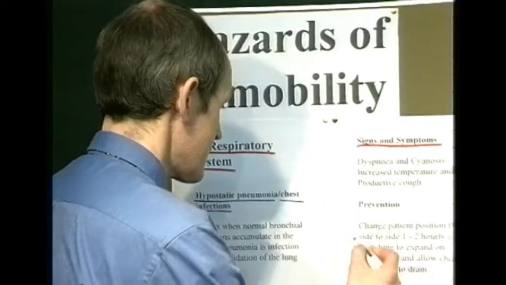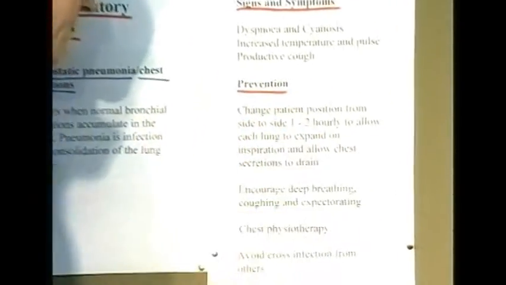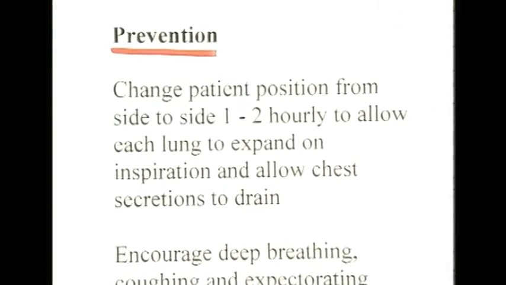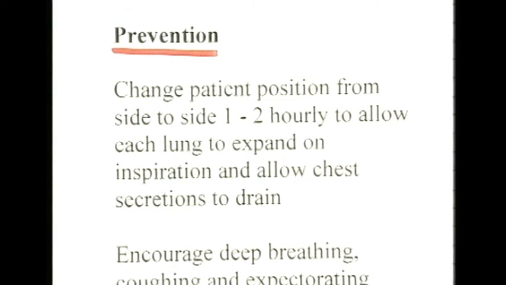Let's think about other aspects of prevention of chest infections and hypostatic pneumonia in immobility. It's very important to change the patient's position, at least 1 to 2 hourly. That allows each lung to expand on inspiration and allows chest secretions to drain.